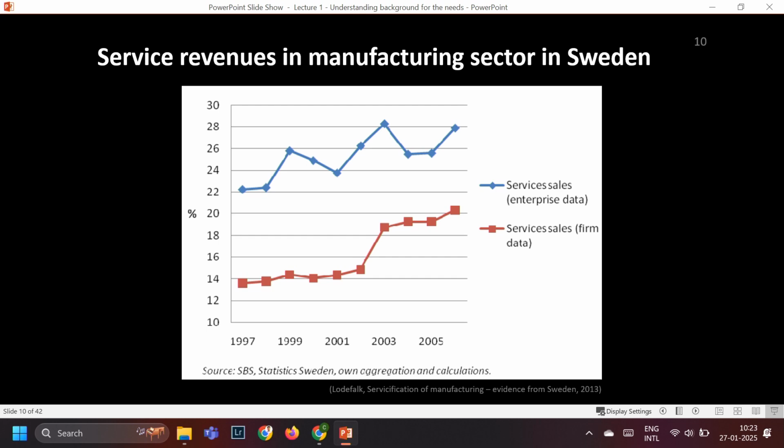He looked into two different data sources, but both of them indicate a rather increase over the years. So when it comes to Sweden, the money manufacturing organizations earns from providing services has been increasing over the last years. So now it's, let's say, depending on the data sources, you could say above 20%, maybe close to 30%. Their revenue is from services, right?